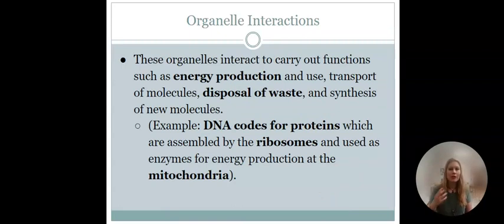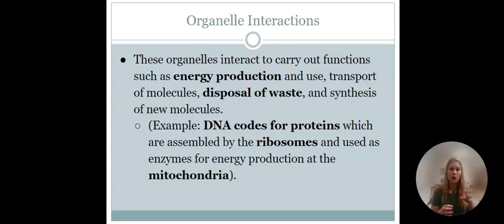The organelles also interact with each other in order to carry out very specific functions, such as energy production and use, transportation of molecules, disposal of waste, and the synthesis of new molecules. For example, one of these interactions is between DNA, ribosomes, and mitochondria.